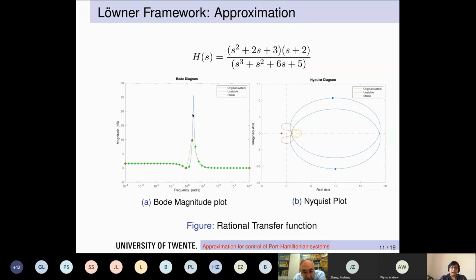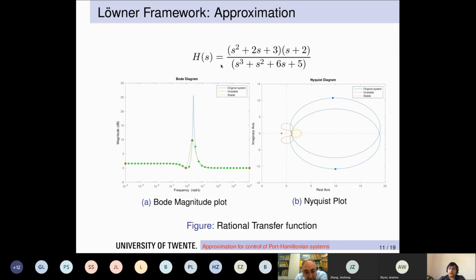And here we see the green dots is the data we have used to approximate this transfer function. So at the first time we get some unstable approximation. It is very logical because for this rational function we don't put any constraint on the poles.